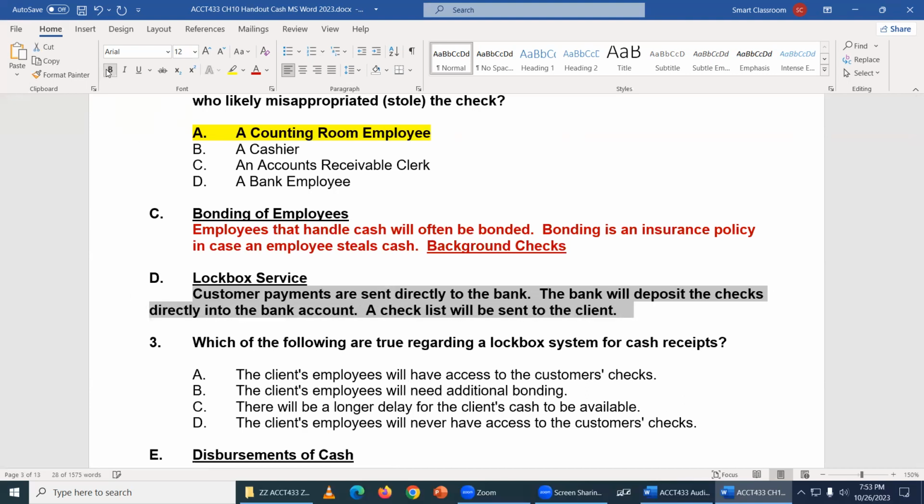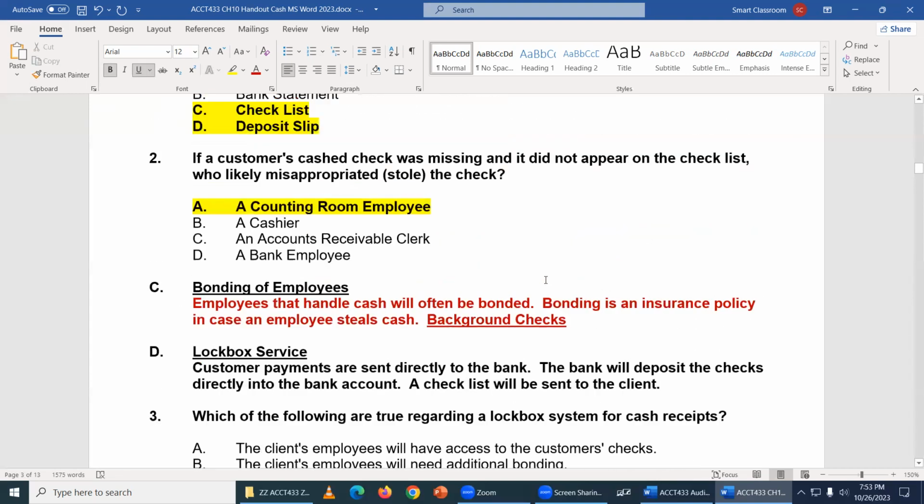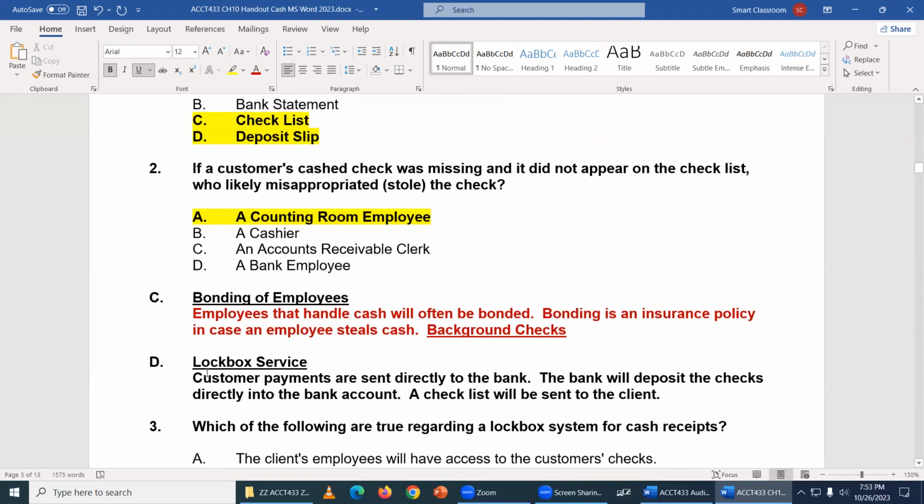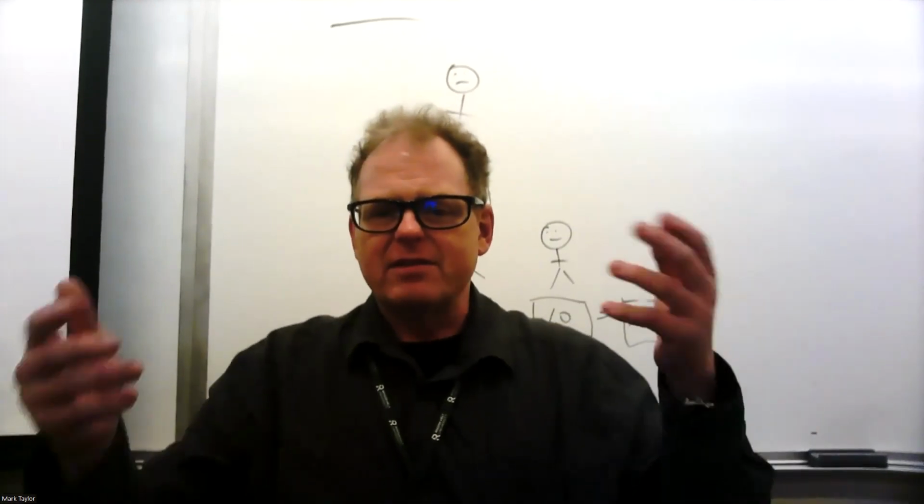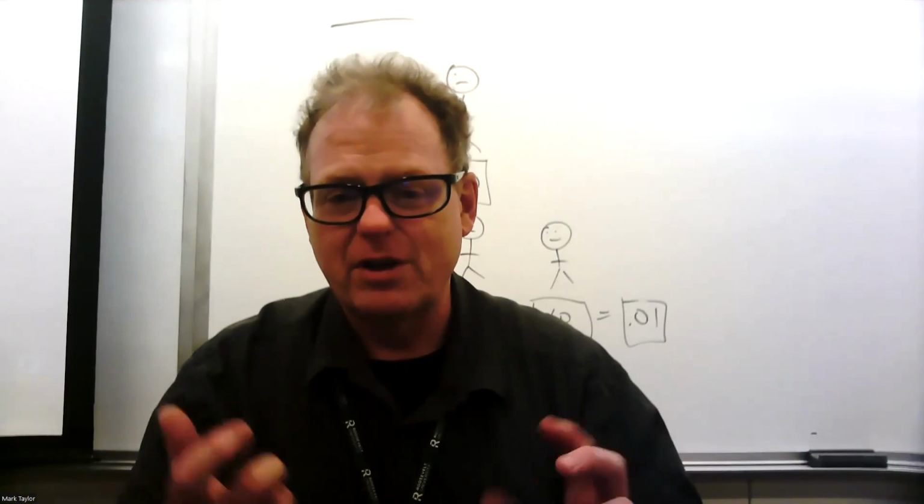Okay, so a lockbox system. First of all, why it's called a lockbox system. Banks back in the day, actually, when I was a kid, we used to have these. Banks would have this big, heavy thing sitting out front, and it would be locked.